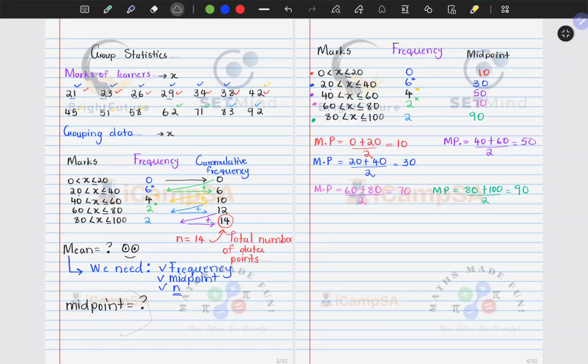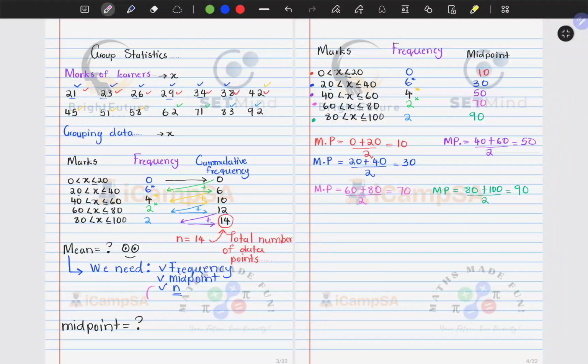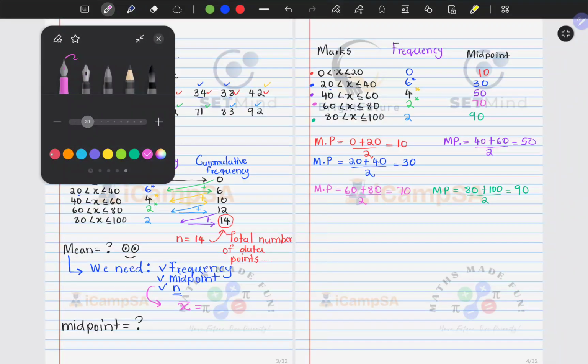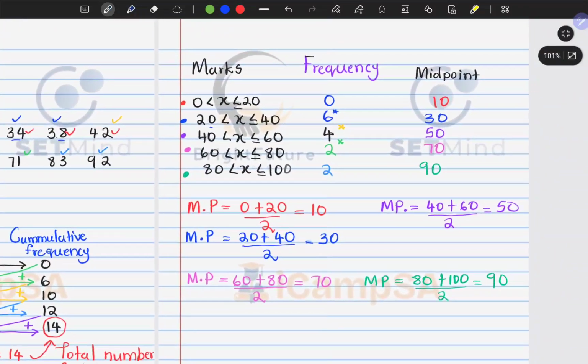Then one thing I need to add is that after finding these, we will go and find our mean. And our mean is going to be the sum of our frequency times our midpoint divided by n. Okay, what do I mean?